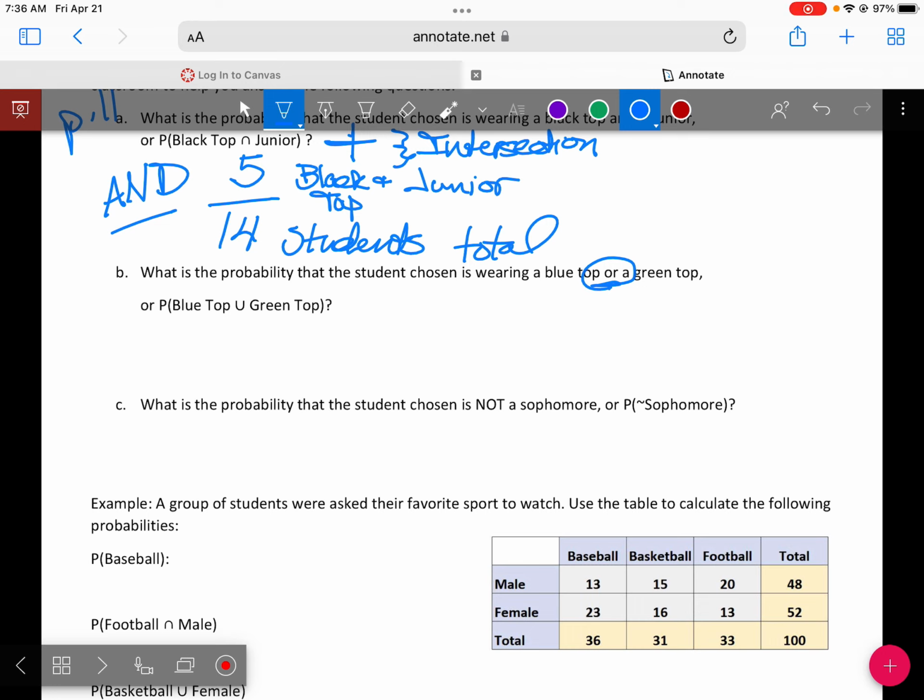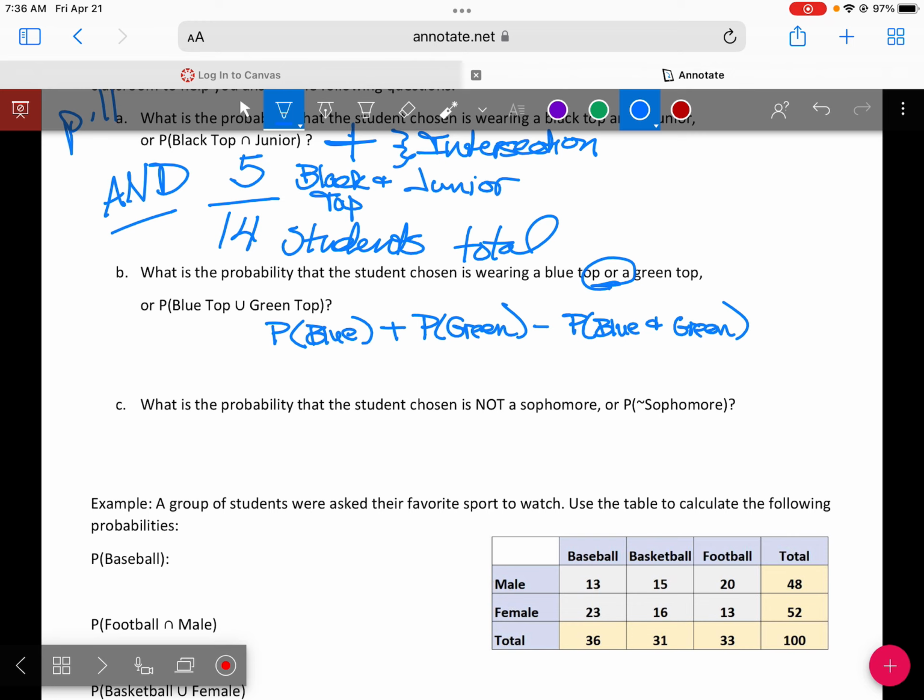So that means I want the probability of those wearing blue plus the probability of those wearing green minus the probability that someone has a blue and a green top. Because we don't want them to be counted twice.